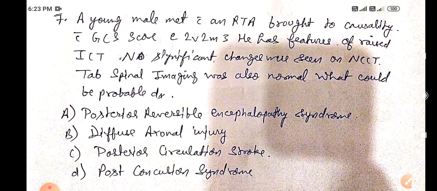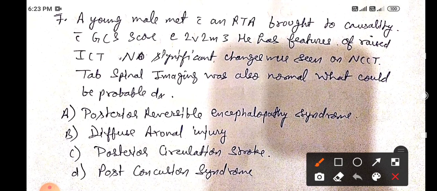Now, a young male met with an RTA, road traffic accident, and was brought to the casualty with GCS score E2, V2, M3. I hope it's clear. Watch my GCS scoring lecture. He has features of raised ICT. Remember the RTA triad: RTA, raised intracranial tension, and no significant change seen on non-contrast CT.